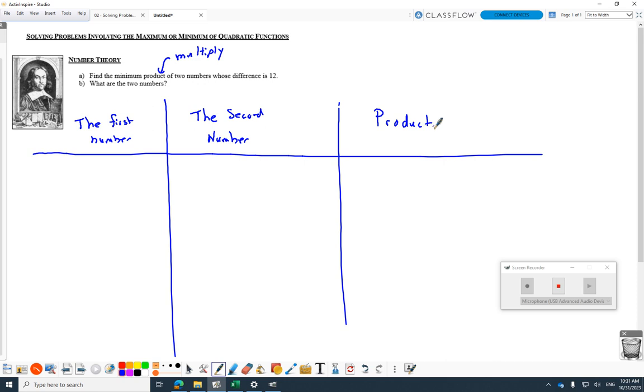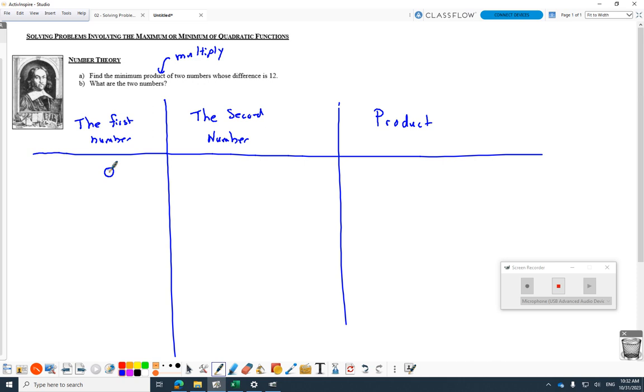All right. I'm going to start with 0. There's no reason to start with 0 except, well, what number am I going to start with? This method doesn't care what number you start with, but I'm going to start with 0. Now I need somebody just a little bit clever to tell me, if the first number was 0 and the difference between the numbers is 12, what's the second number? 12.